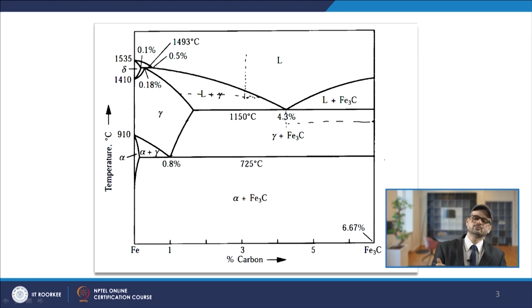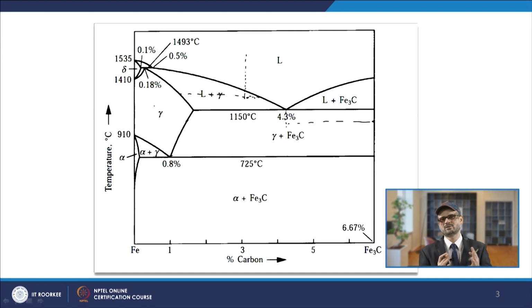Coming further to the higher temperature zone, you can see one constant temperature line. There is another invariant reaction taking place here. This zone is the liquid plus delta zone, and at this point the liquid plus delta gives you the formation of the gamma phase. This is the peritectic reaction, in which liquid plus delta gives you gamma.